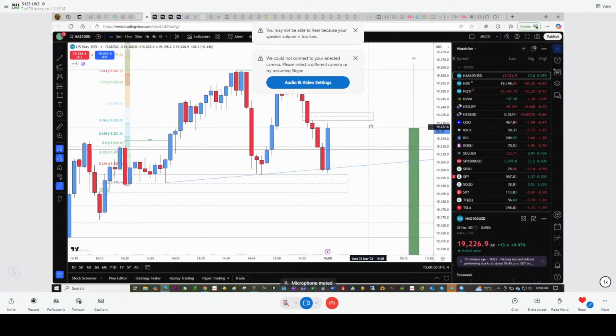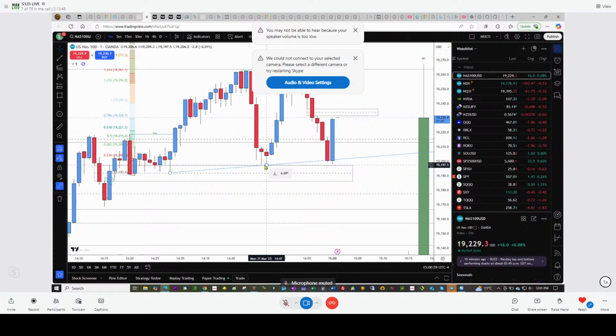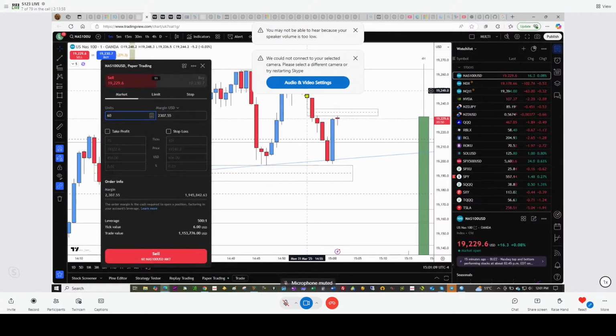Let's see how far up we go. I could take a sell on this gap, even though they didn't break this low. There's another gap higher, but if they touch in here, I think I'll take a sell and take a risk on this one.